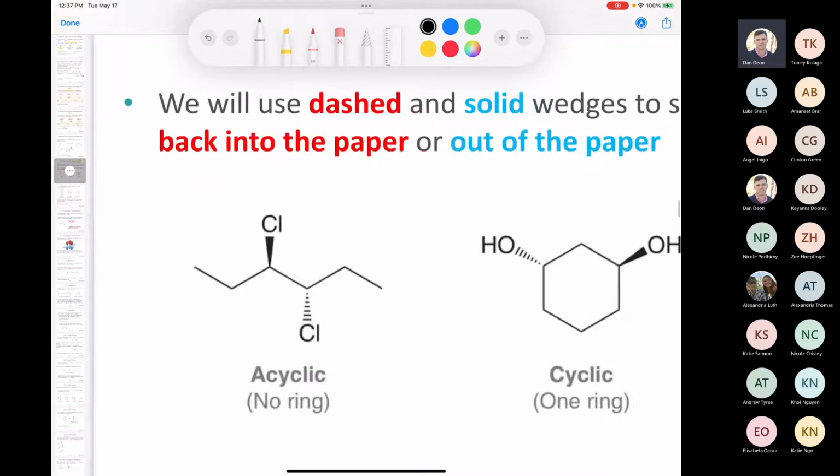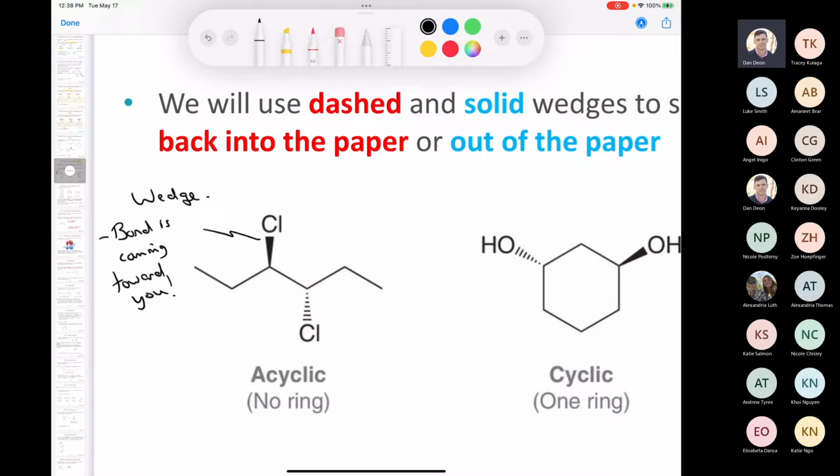Dashes and wedges represent nothing more than this. If you have a wedge, what it means is that the bond is coming toward you. It's coming right for us.